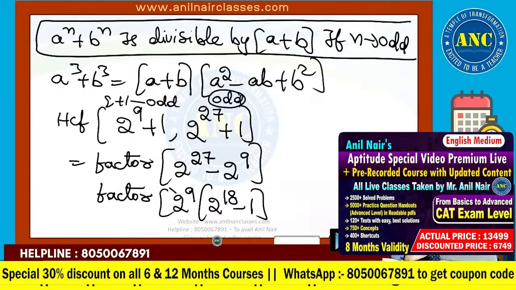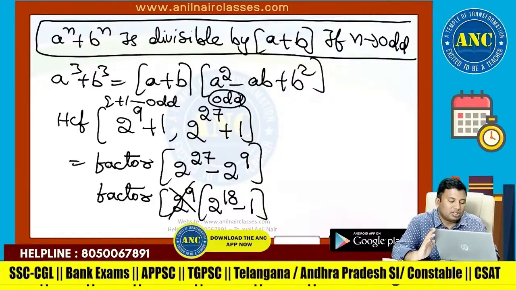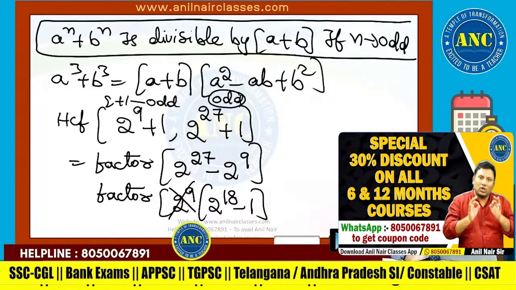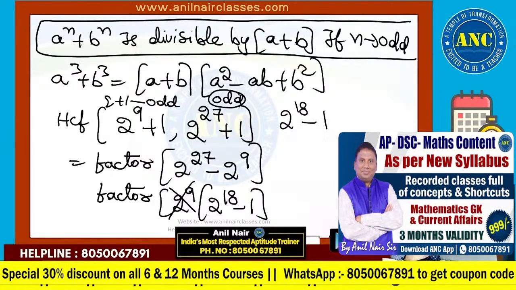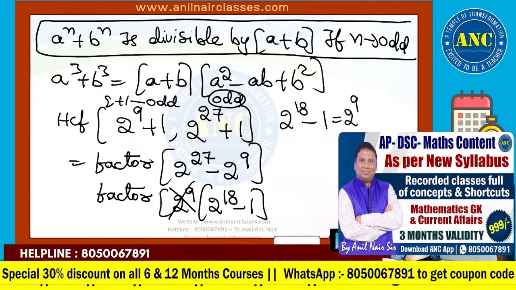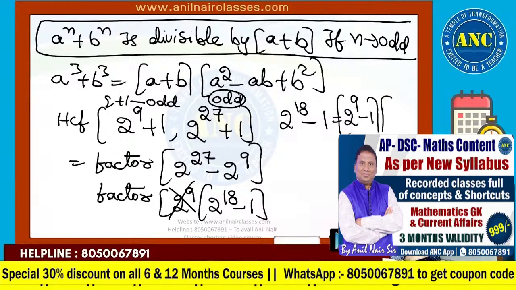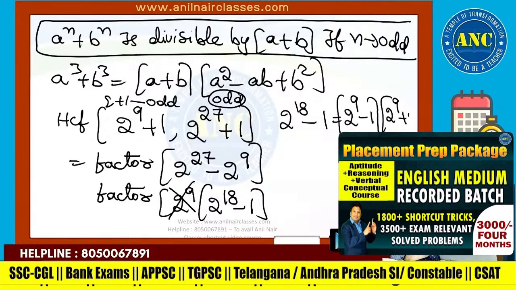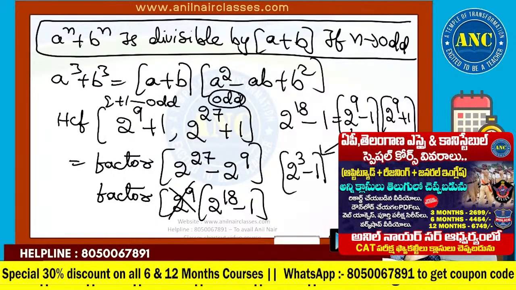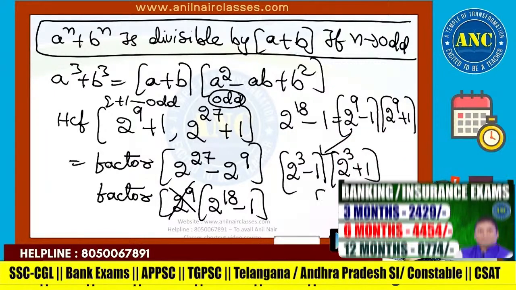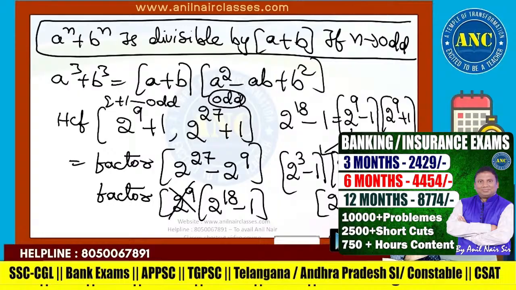HCF of any two odd numbers, which is 2 power 9, 2 power 18 minus 1, which is nothing but 2 power 9 minus 1 and 2 power 9 plus 1. 2 power 9 minus 1 is 2 power 3 minus 1 and 2 power 3 plus 1. The remaining is 2 power 9 plus 1.